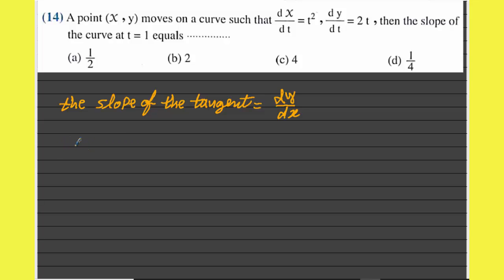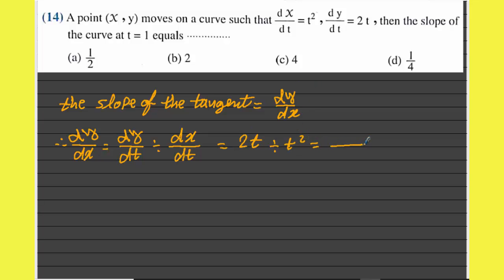So from the given, dy/dx equals dy/dt divided by dx/dt according to the chain rule, where dy/dt equals 2t and dx/dt equals t square.